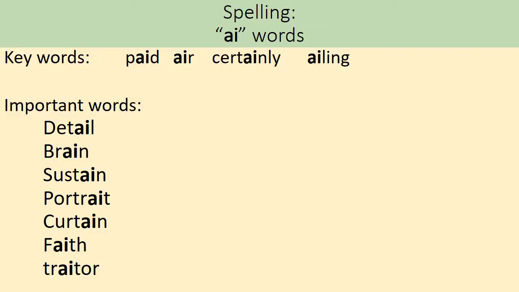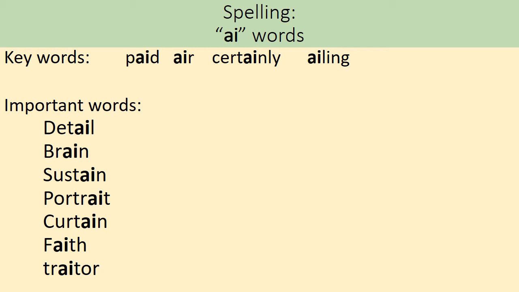The next lesson is about spelling. AI words. It's common that we know certain words in the English language will have these two vowels A and I giving the sound A, right? Air, certainly, ailing.